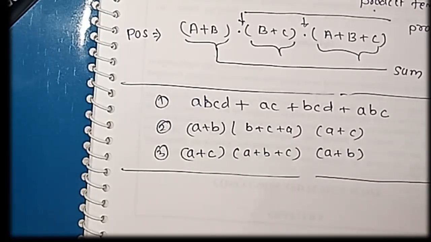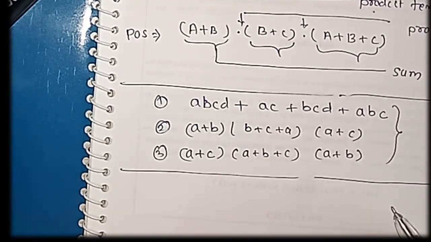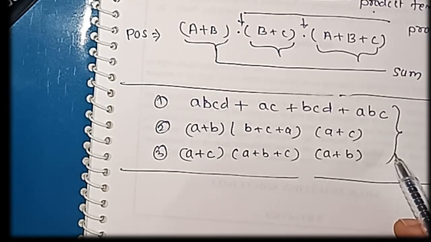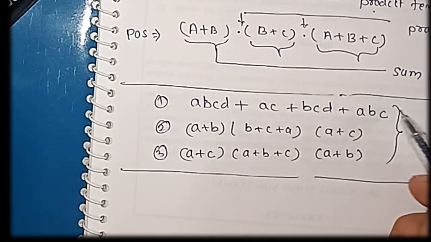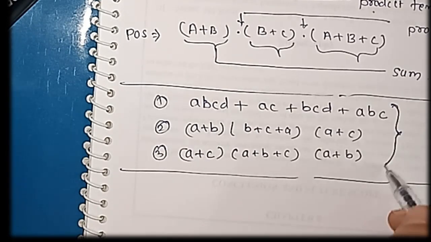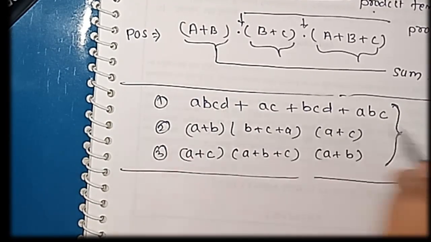These are some examples, and you have to find out the type of these equations. You will let me know the types of these equations in the comment section below our video. So you need to find out the type of equation here.